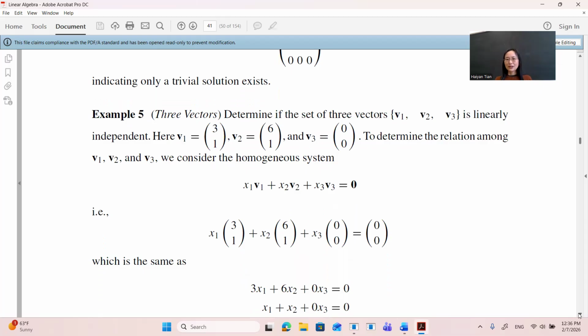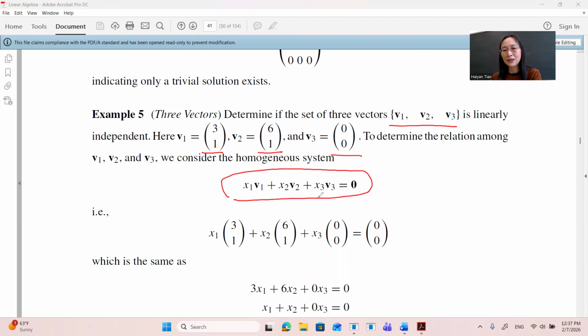You can have more than two vectors. So when we have a set of three vectors, for example, here, specifically, first vector, second vector, third vector, can we check the linear independence of the three vectors? We want to determine if the three vectors are linearly independent or not. So we need to write this form, right?